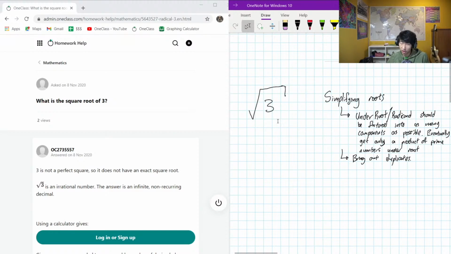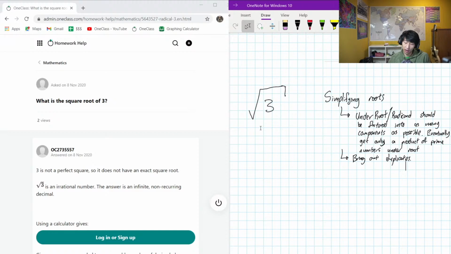But as we all know, hopefully, 3 is a prime number. The only factors that 3 has are 1 and itself, or the only positive integer factors that it has are 1 and itself. So we can't necessarily calculate this easily off the top.